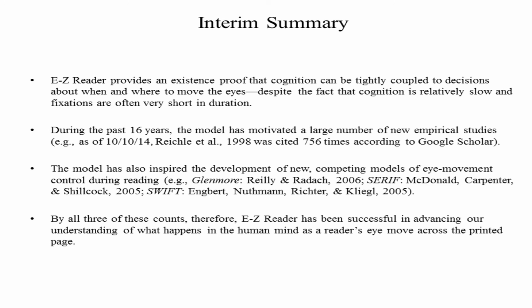And during the last 16 years, I guess, the model has really motivated a large number of empirical studies. And maybe more importantly, it's also inspired the development of new competing models, which have really facilitated research in this area. It's always great to have competitors who are trying to do things better than you are. And for those three reasons, I think the model's been successful in really advancing our understanding of what happens in the mind as people read printed text.